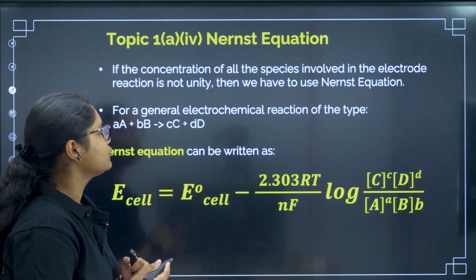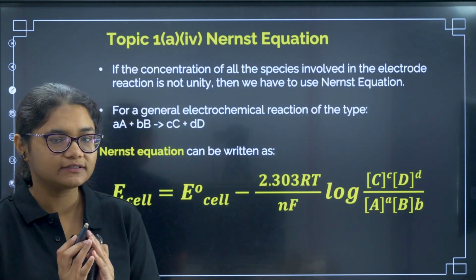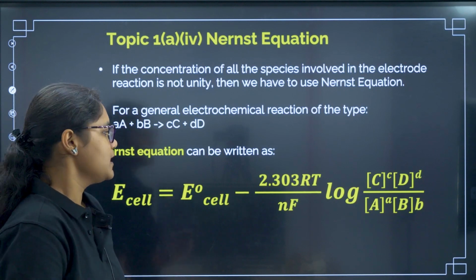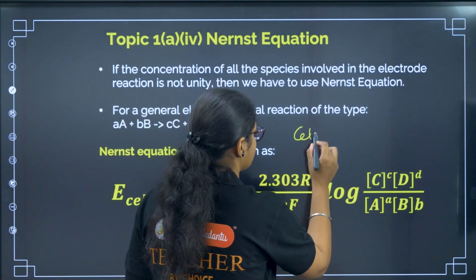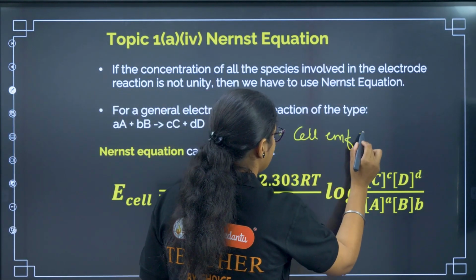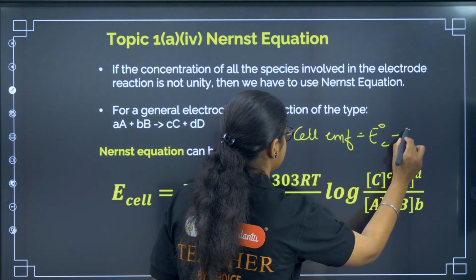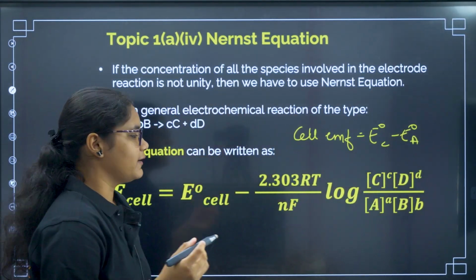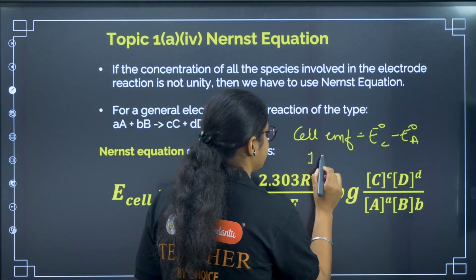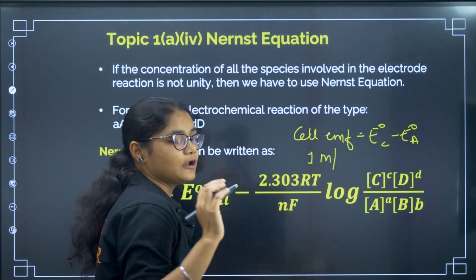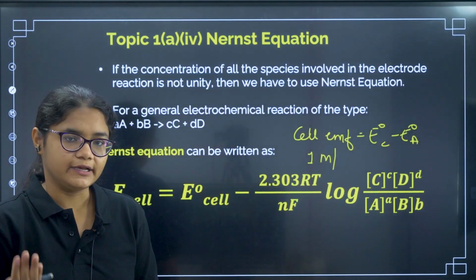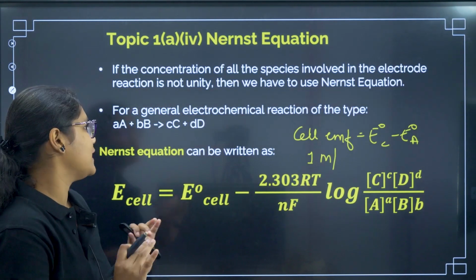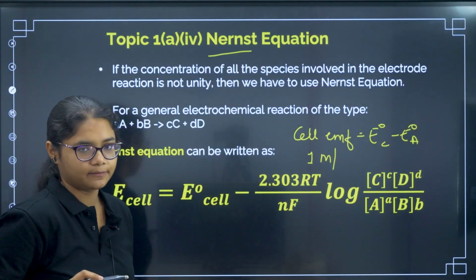Now we will go to the Nernst equation. What is the use of the Nernst equation? First of all we have to know. I told you the cell EMF formula is E0 of cathode minus E0 of anode. This formula is applicable only when the concentration of the electrolytes is 1 molar. If you change the concentration of the electrolytes, the EMF is calculated using the Nernst equation, right?